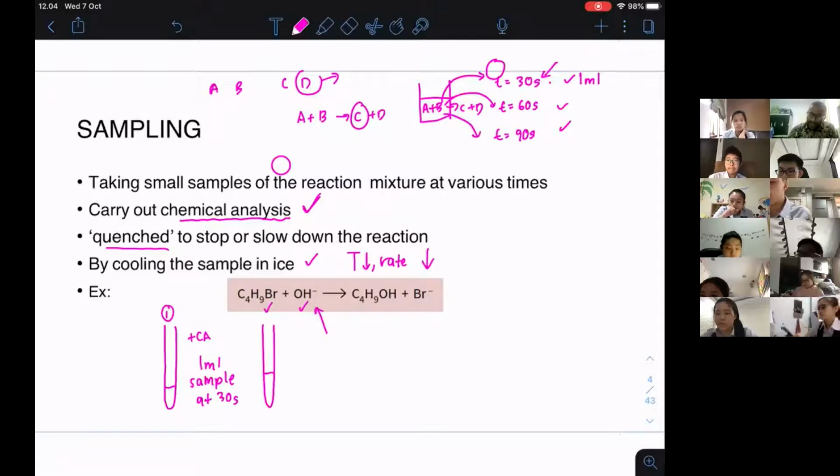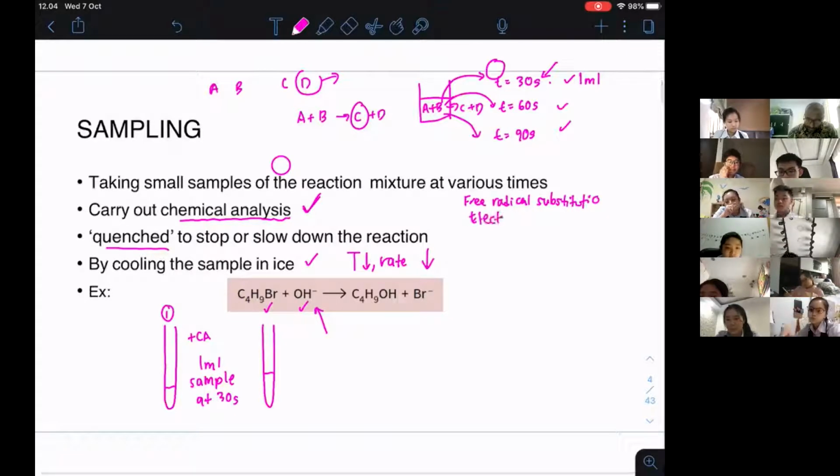You have so many mechanisms: free radical substitution. What else? Electrophilic addition. What else? Lavi? Nucleophilic substitution.